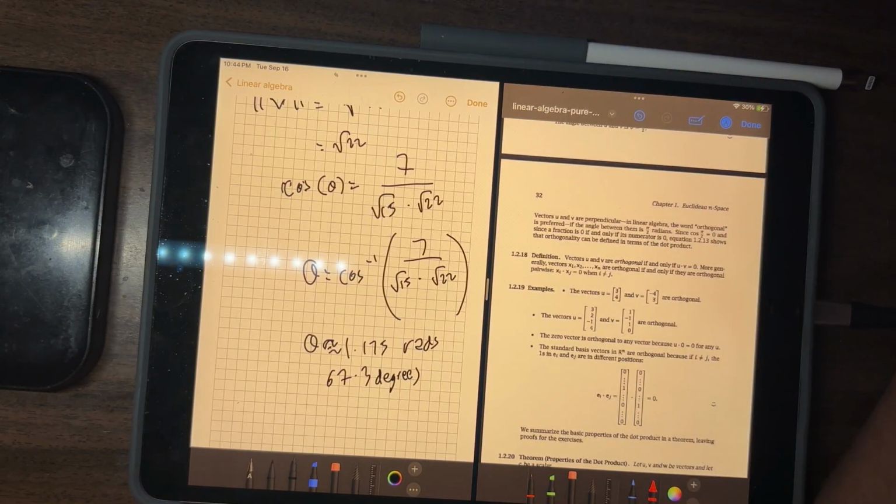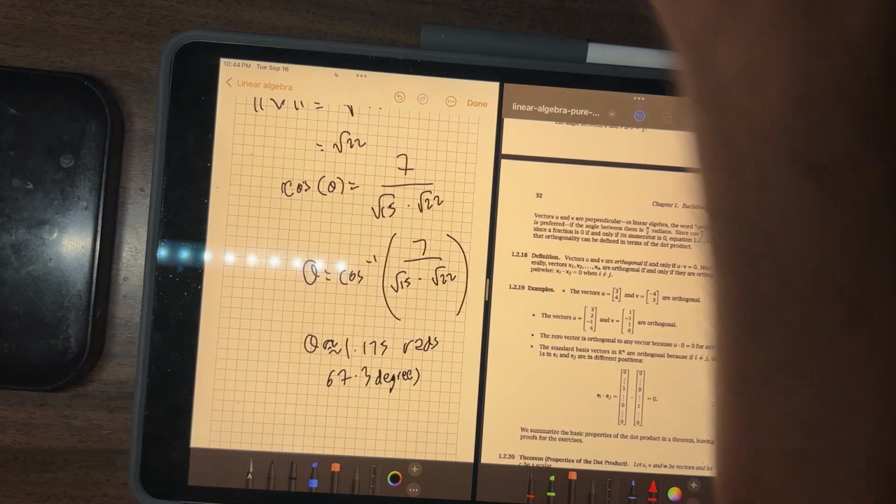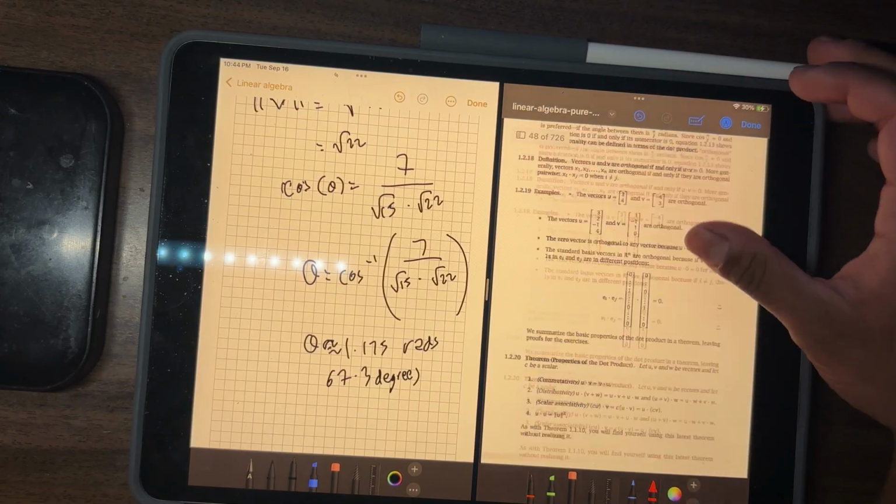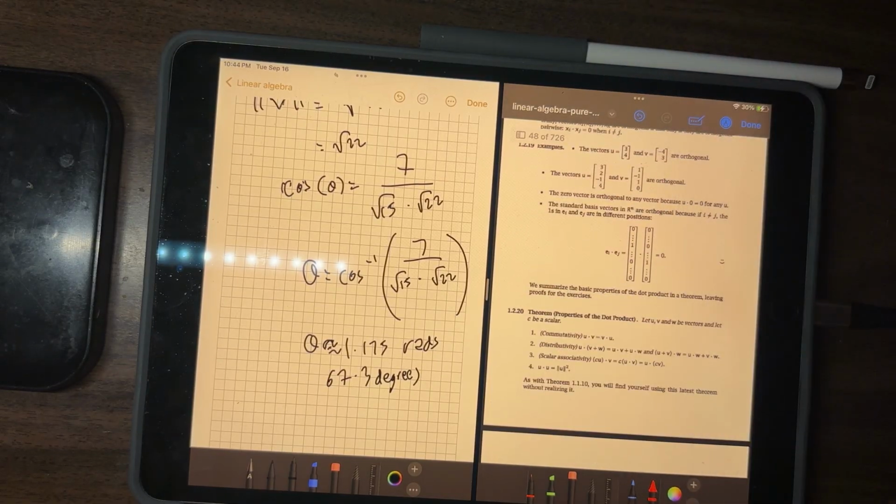Shall we move to the next one? Let's move on to the theorem, or the properties of the dot product.